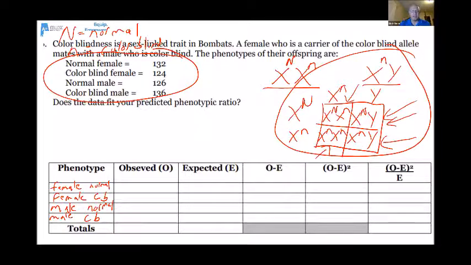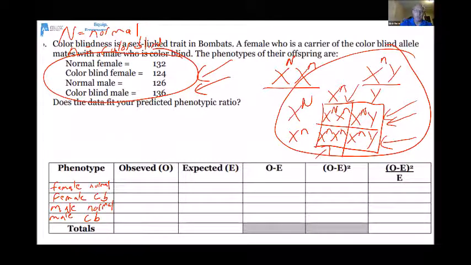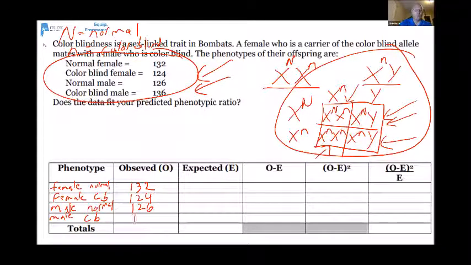Next, we put in our observed data, and that's this. So normal females are 132, colorblind females 124, normal males 126, and colorblind males 136. All right, so how do we get our expected data from that? Somebody help me out.